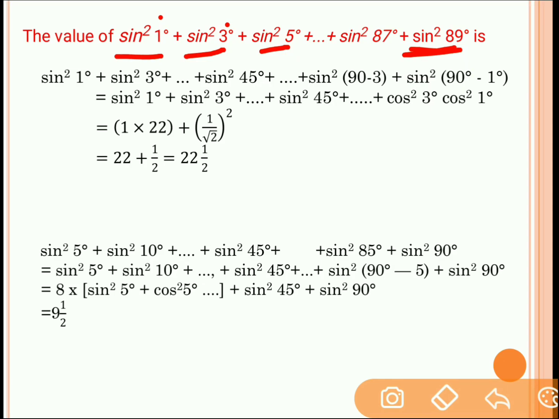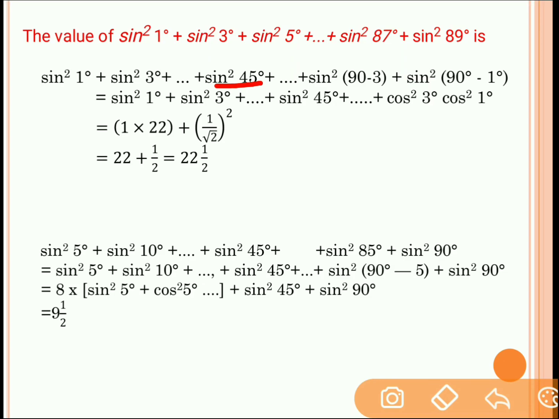From this set of odd numbers, there is one whose standard value is known, and that is sin square 45. So we will keep this term as a separate term.